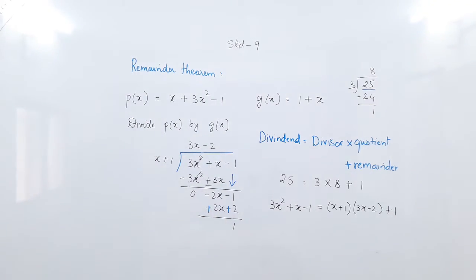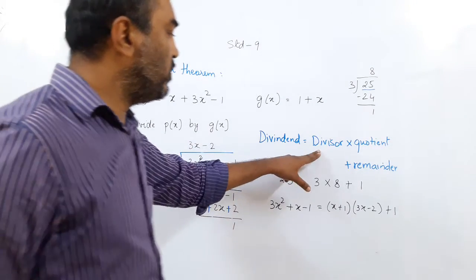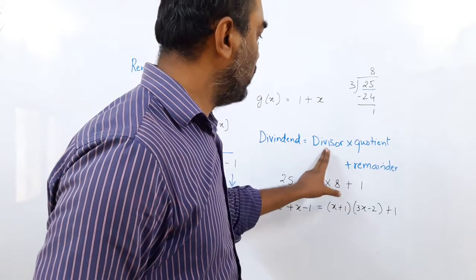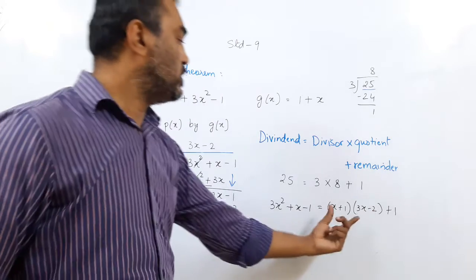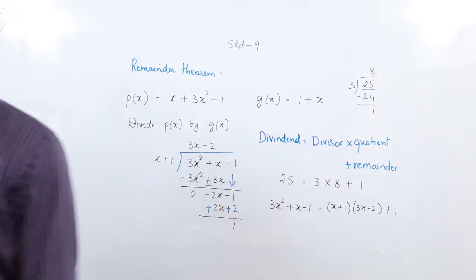Have you followed this? So after we finish the sum, we write dividend equal to divisor into quotient, the bracket means multiplication, plus the remainder 1. If the remainder is 0, these two are the factors. If the remainder is not 0, they are not the factors.